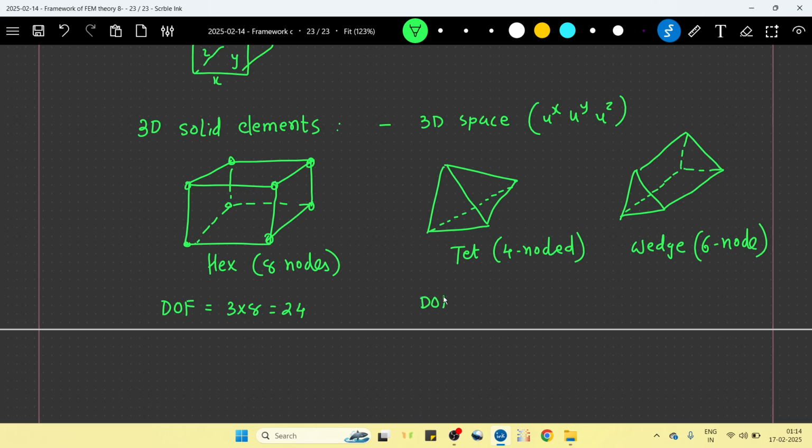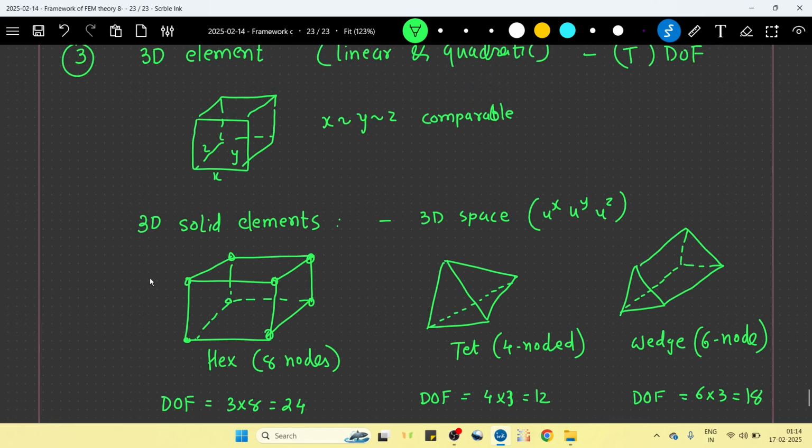For the tet element, degree of freedom per element is 4 into 3, 12. And degree of freedom per element for wedge element is 6 into 3, 18. So these are linear solid elements.